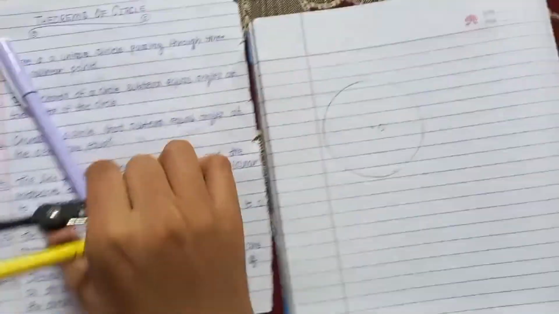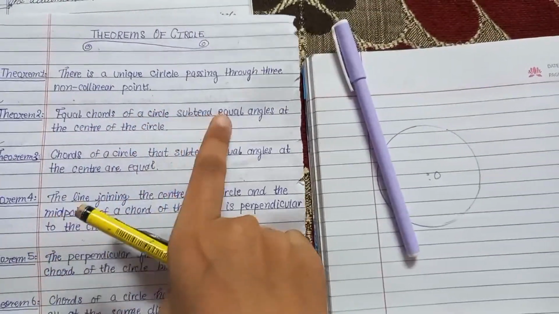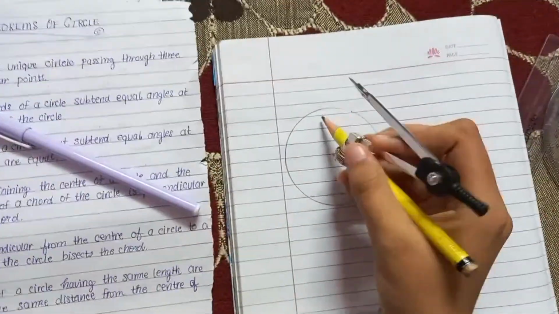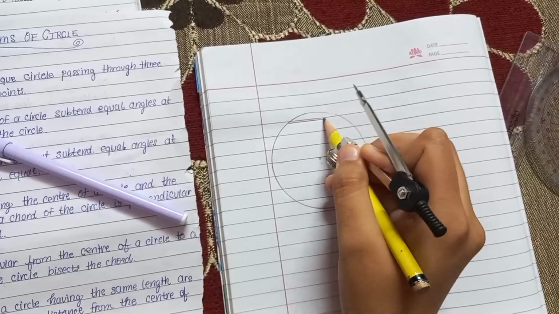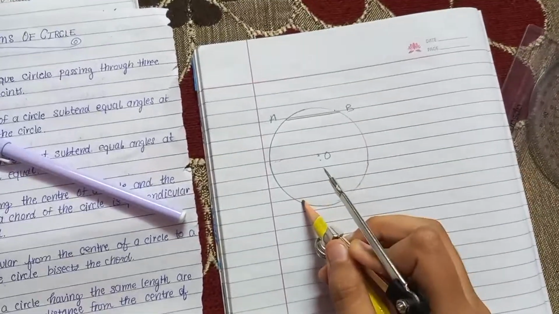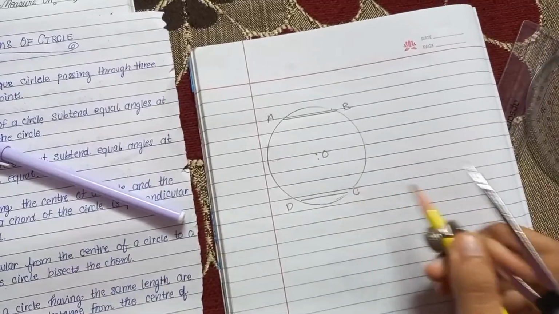Now what the theorem states: equal chords of a circle subtend equal angles at the center of the circle. According to this theorem, we first need to make two chords, chord AB and chord DC.